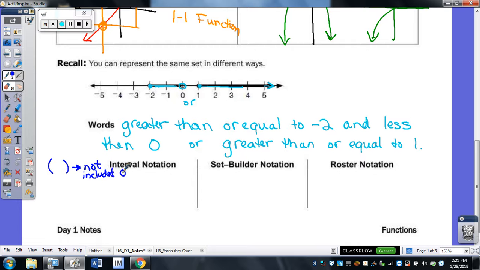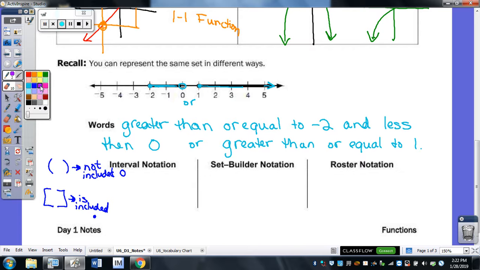So that would be an open circle. So like, for example, whenever I talk about my 0 there, I would use a parenthesis if I'm doing interval notation, because that value is not included. And then brackets if it is included. And that would be closed circles. So like our -2 is going to have a bracket, our 1 is going to have a bracket, because those values are included since it's got closed circles.